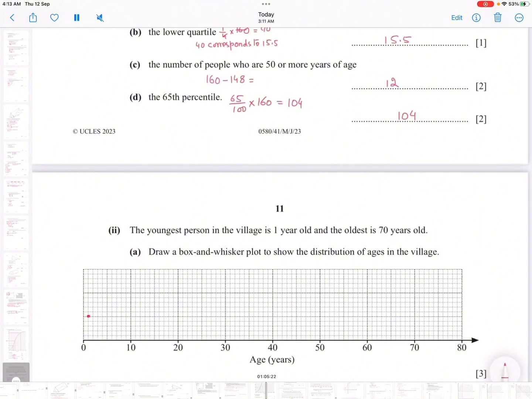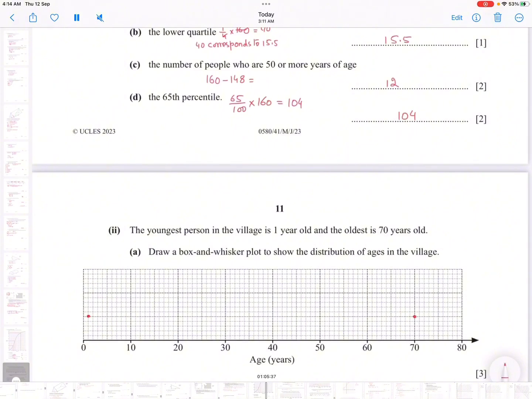I placed a red dot here, reasonably somewhere in the middle. And then mark the oldest, and that is 70.